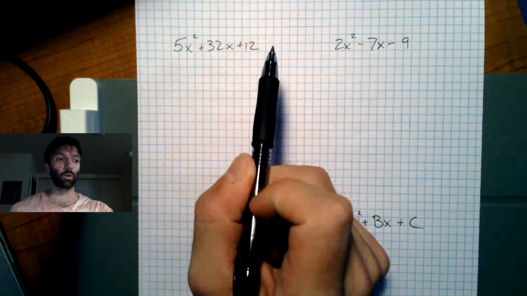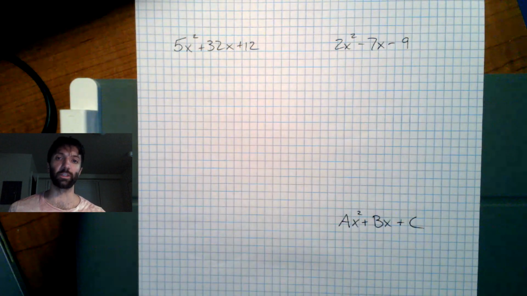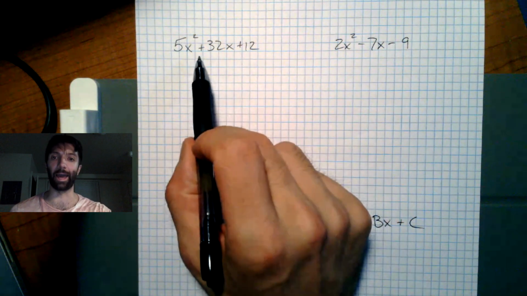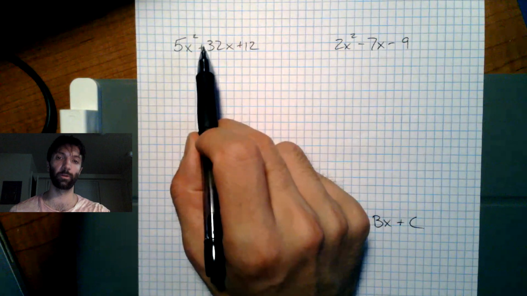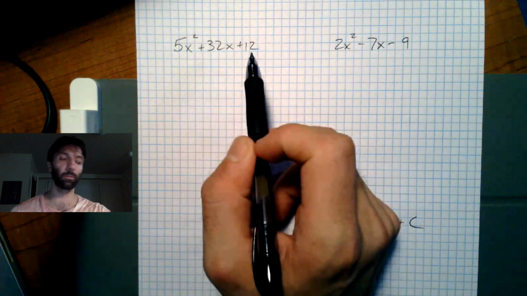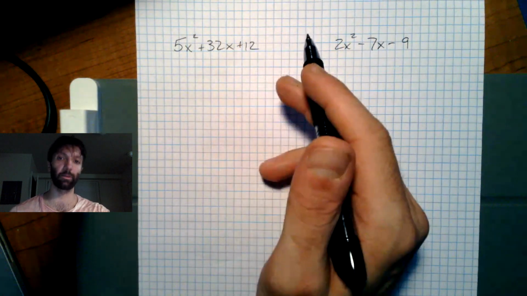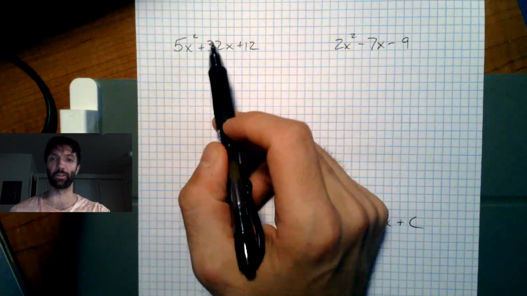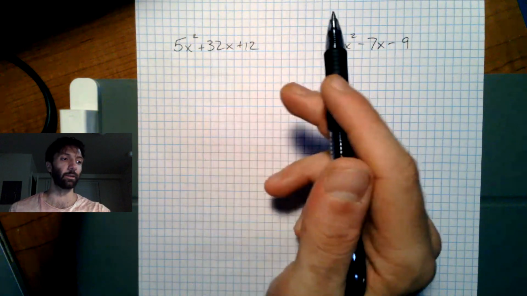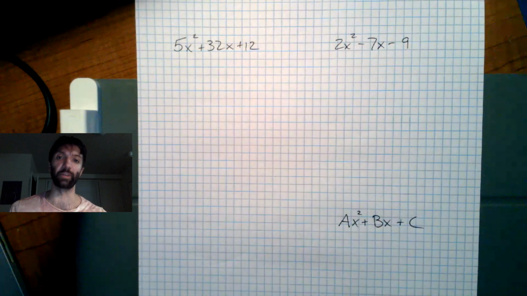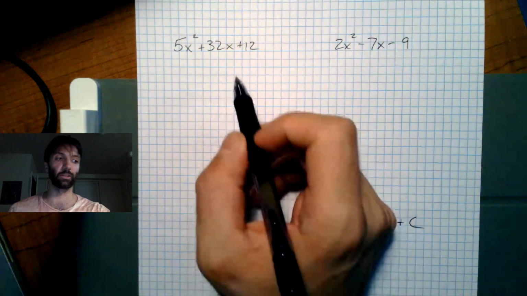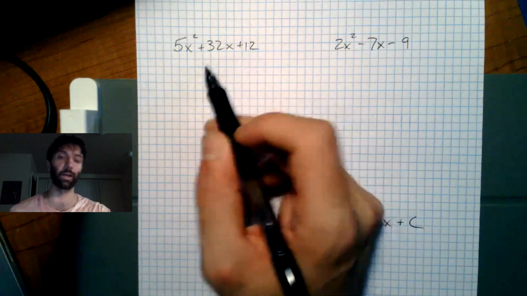Now we're going to take the factor pairs of 60 that add to 32. We need two numbers that multiply to positive 60 but add to 32. Those two numbers are 30 and 2. 30 and 2 multiply to positive 60, and they add to 32.